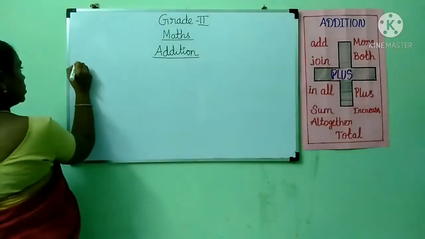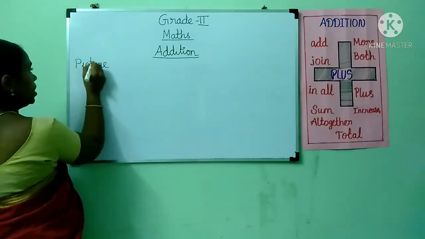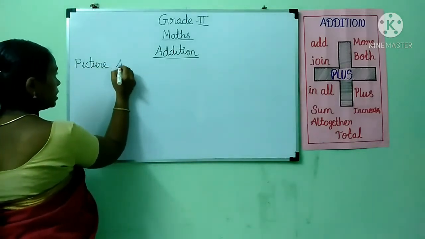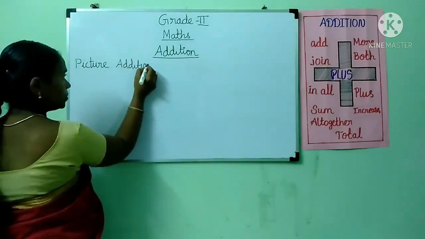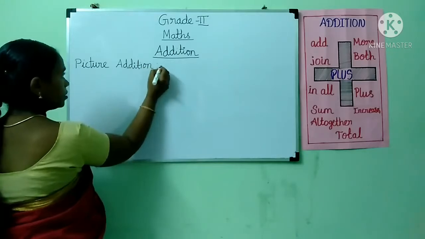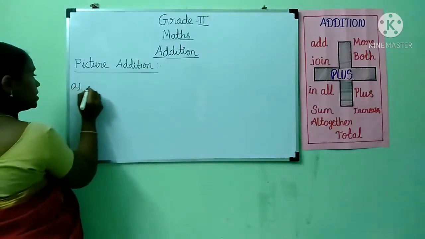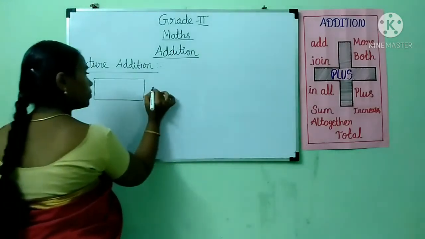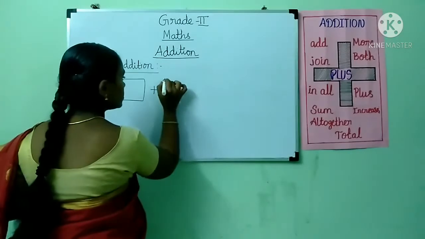Picture addition, P-I-C-T-U-R-E, A-D-D-I-T-I-O-N. Now see here, we have two boxes. What is this symbol? Plus.